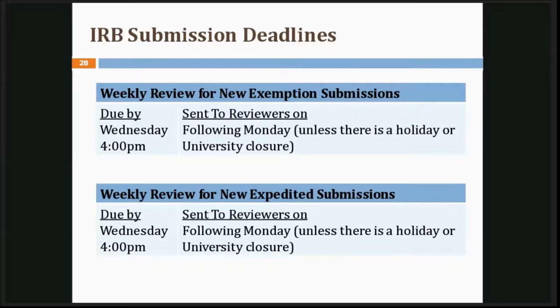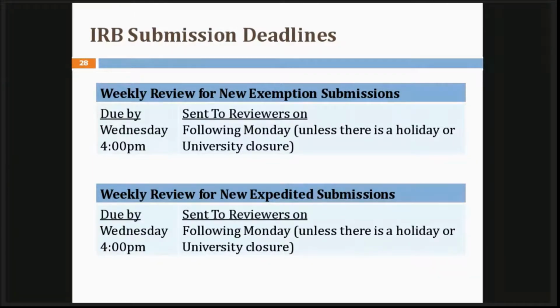So this is the shortest turnaround time of all the 3 different review types, the exemption type. Then the expedited type, again, it's weekly. Anything submitted before 4 p.m. on Wednesday is guaranteed to be sent to reviewers on the following Monday, but it might take longer for the reviewers to make the decision.